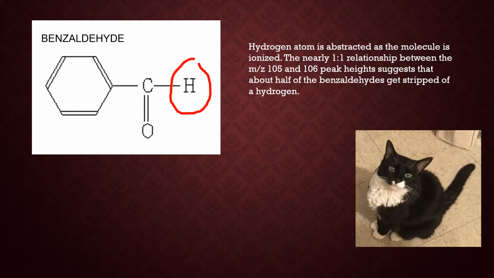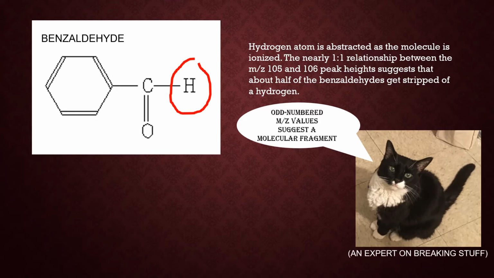It tends to get torn off in the electron beam when the molecule is ionized. You see that it does have 7 carbons and 1 oxygen, so it was a very good representation in the mass spec. And the fact that you see a roughly 1-to-1 relationship between the 105 and 106 peaks means that you're probably getting half of the benzaldehydes stripped of their hydrogens and going through the analyzer.